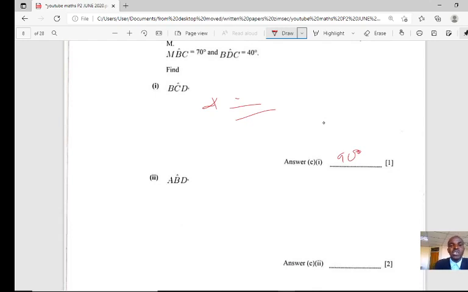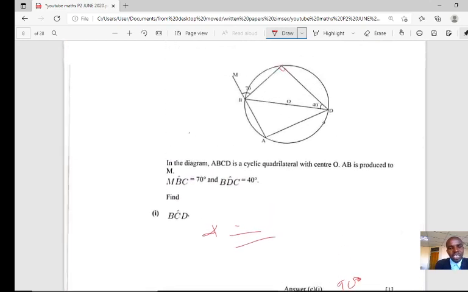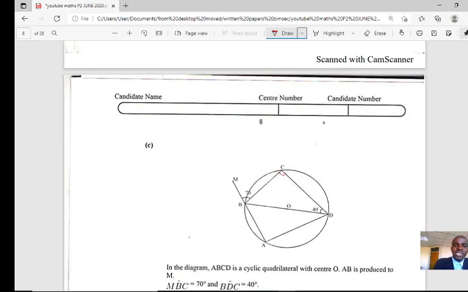Then after that, we want ABD. Please don't forget to write reasons. BAD is also 90 because it's formed by the diameter BD. So the angle ABD is the one that you want.